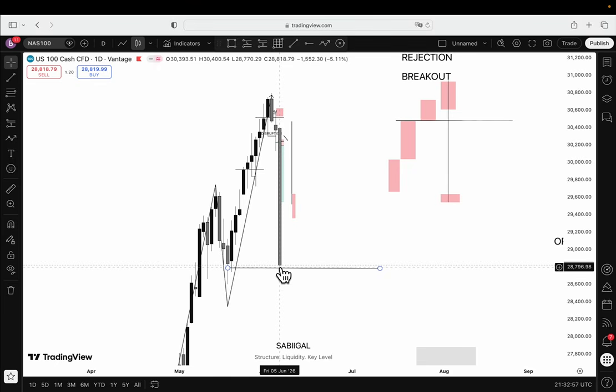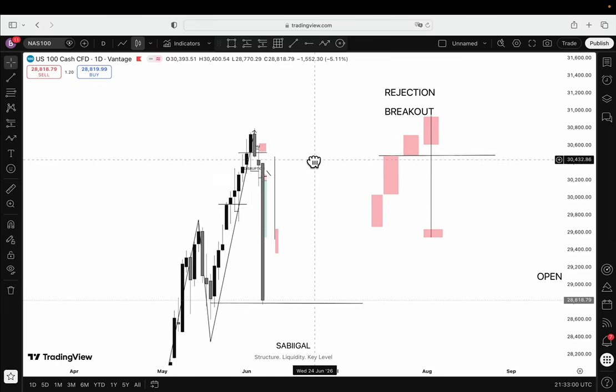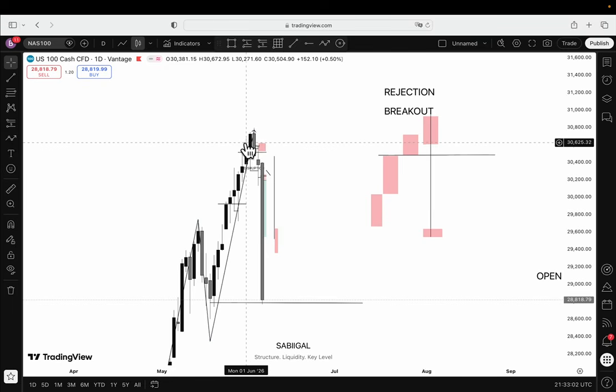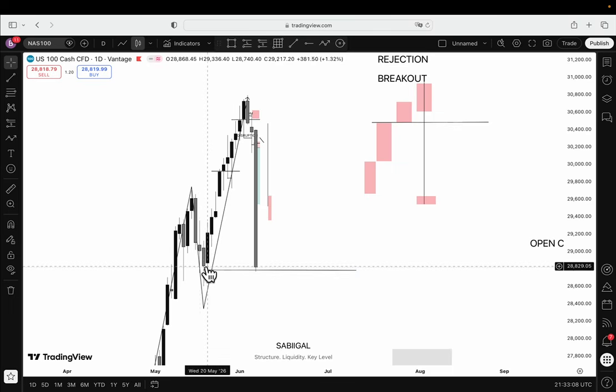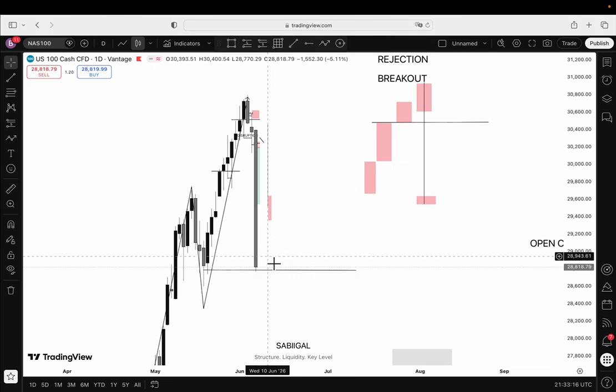But that same rule applies here. It can still be a QM that price rejects on, and we still follow suit. It can still be a support that it rejects on here. Like I said, if this thing was a support, with this rejection here, we can still buy from this level. I don't know whether you understand me.